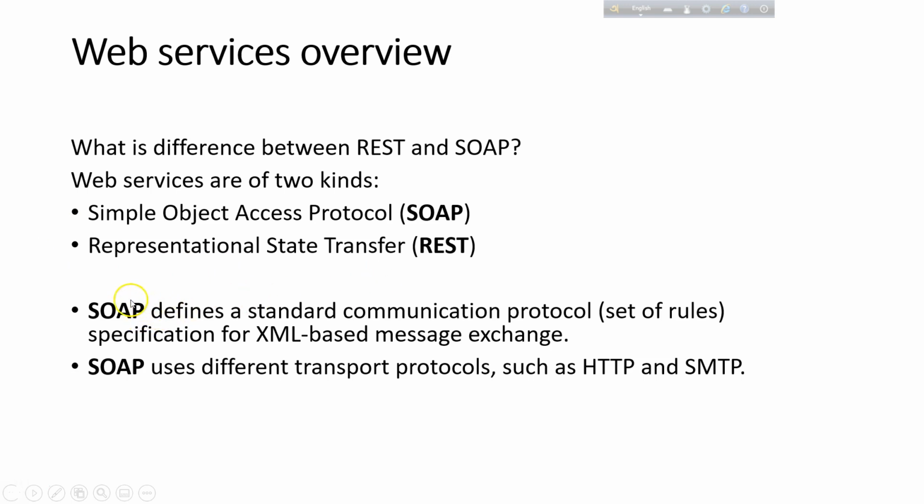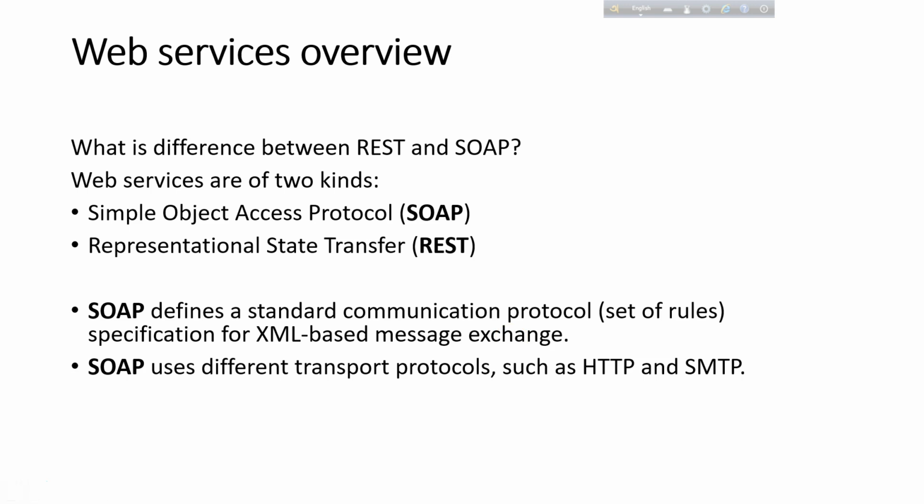SOAP: you have to remember, Simple Object Access Protocol. Simple Object Access Protocol defines a standard communication protocol, a set of rules, a specification for XML-based message exchange. We know what XML is.